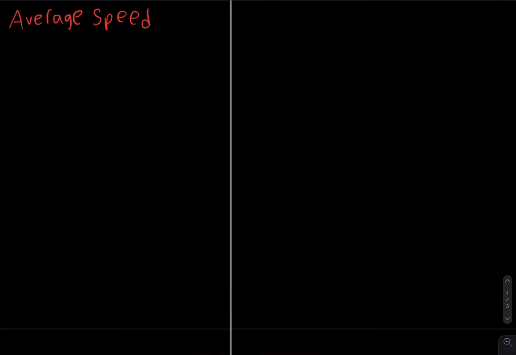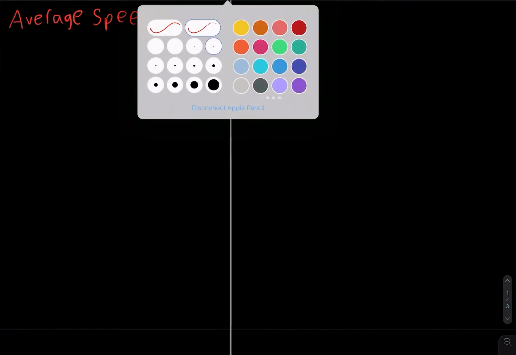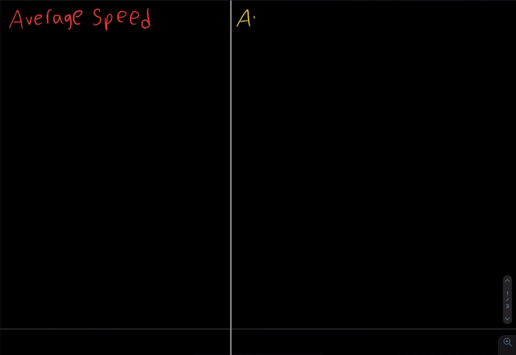We use this to calculate road trips. If I went 500 miles and it took me 10 hours, how fast was I going, and so on and so forth. And then the vector quantity, the vector parallel to that, is average velocity. So we have average velocity and average speed.